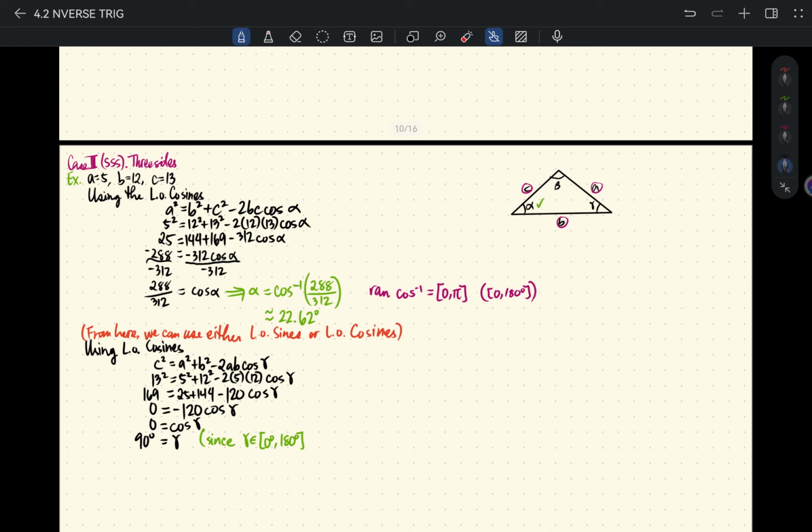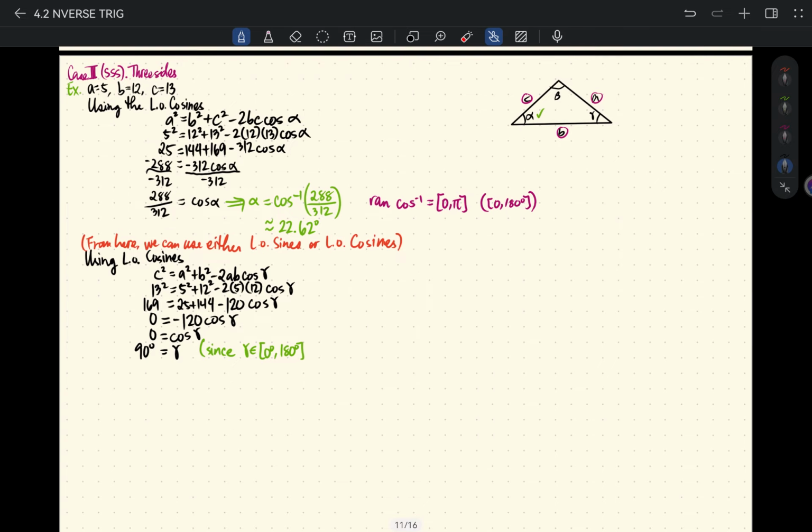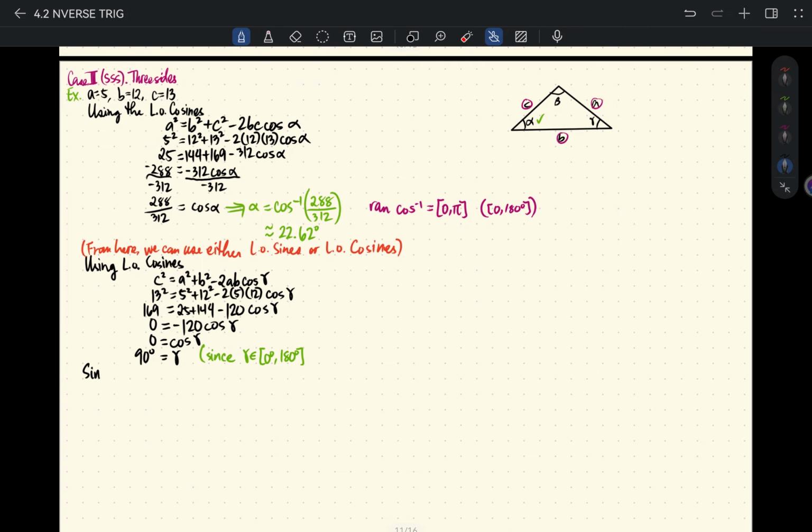So now that you have alpha and gamma, we can use the fact that alpha plus beta plus gamma equals 180 degrees to obtain, what are we missing again?